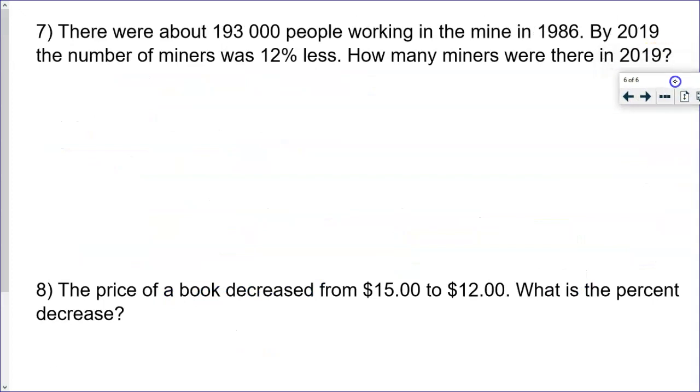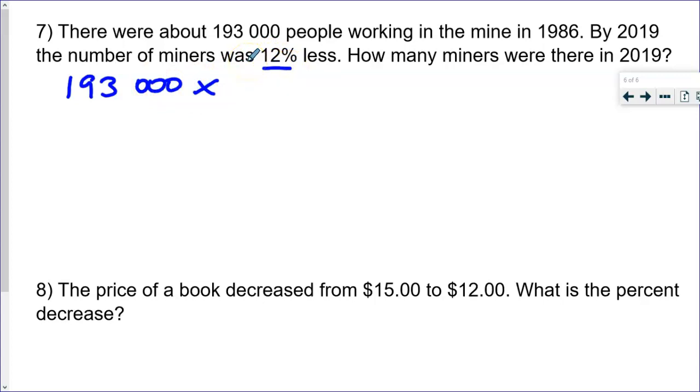Okay, there were about 193,000 people working in the mine in 1986. By 2019, the number of miners was 12% less. They want to know how many miners there were in 2019. So what we're going to do here is take 193,000 and we're going to change this to a decimal.